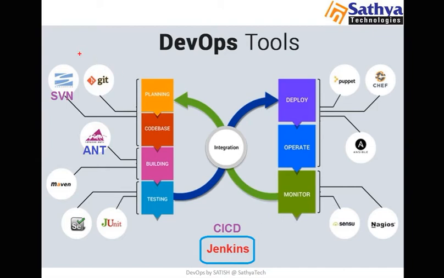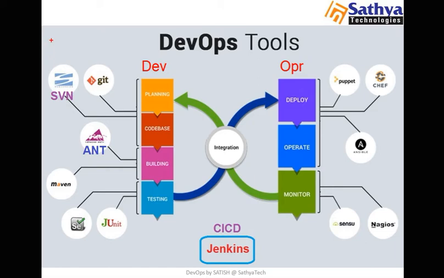See these tools here: SVN, Git, Ant, Maven, Selenium, JUnit, Puppet, Chef, Ansible, Jenkins, Nagios. We have multiple tools here, so I will classify them.